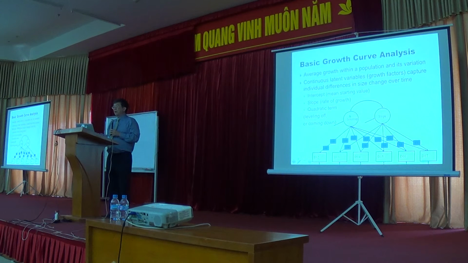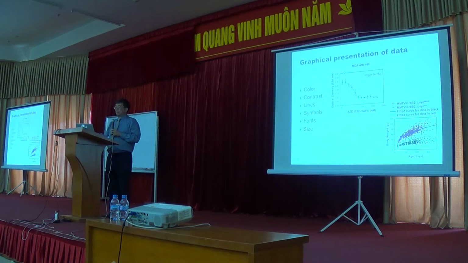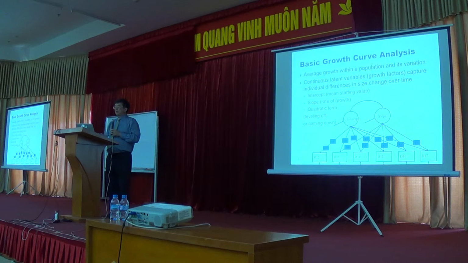And then you analyze what we call latent variables, the intercepts and slopes, among the groups. This type of analysis, the linear growth modeling, would be more powerful because it takes into consideration all the data before the end of the experiment.